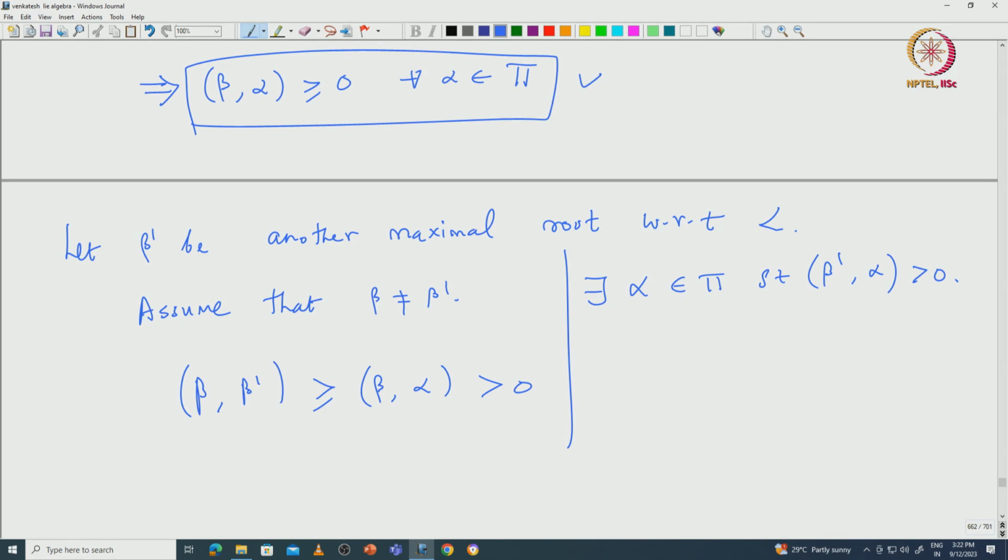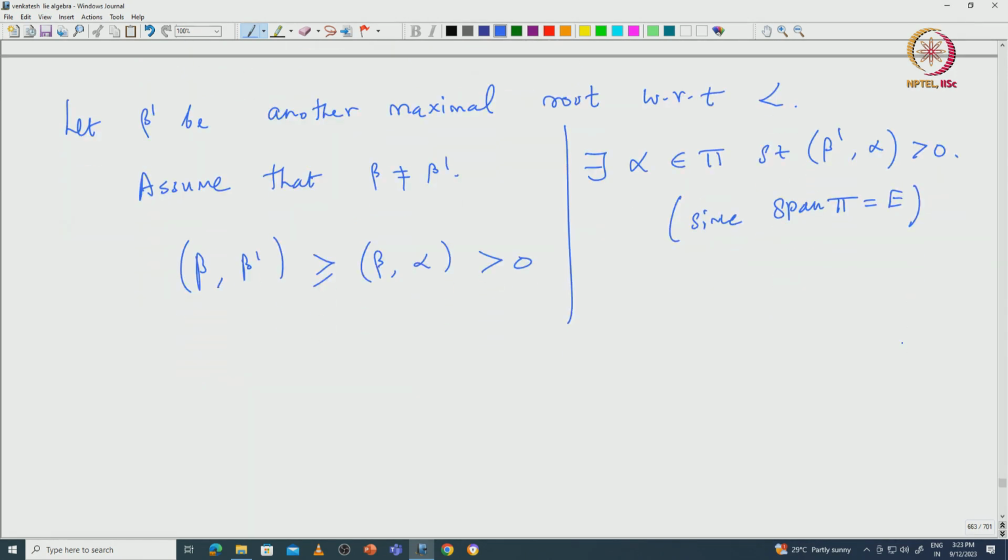Now if there is no alpha such that the inner product of beta dash and alpha is positive, then beta dash will be orthogonal to all alpha in pi, but pi spans E. That contradicts the spanning of pi. So there exists alpha in pi such that the inner product of beta dash and alpha is positive, since the span of pi is exactly equal to E. So, we get such alpha.